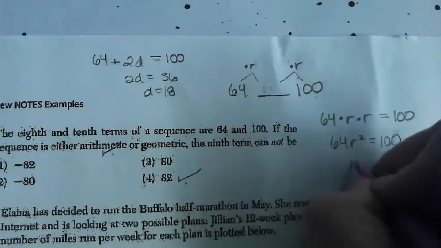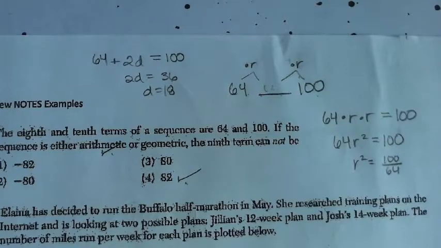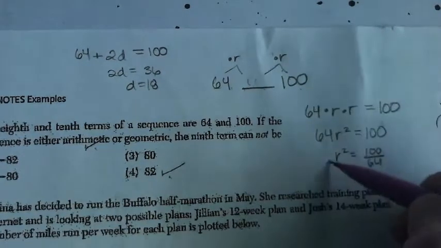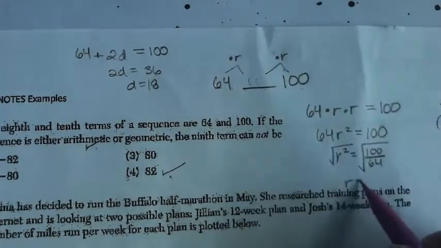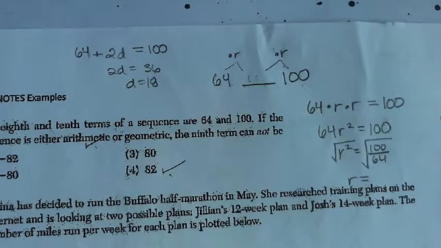So if I divide by 64, I'll just leave it 100 over 64. And then square root both sides, what does r equal? 10 over 8, which reduces to 5 over 4. Which as a decimal is 1.25, right?